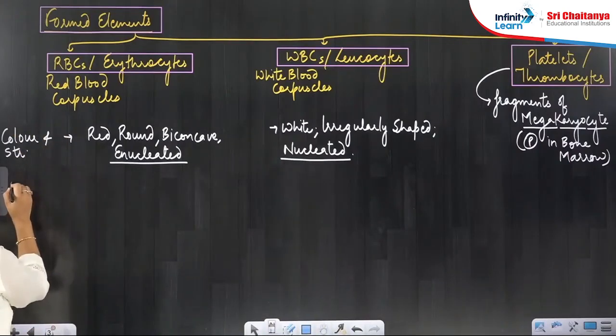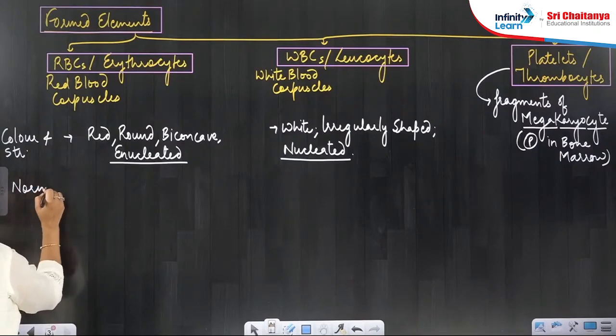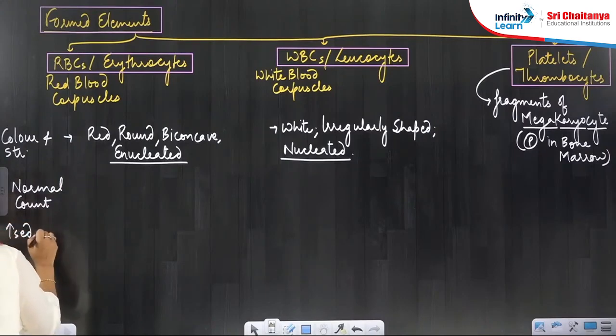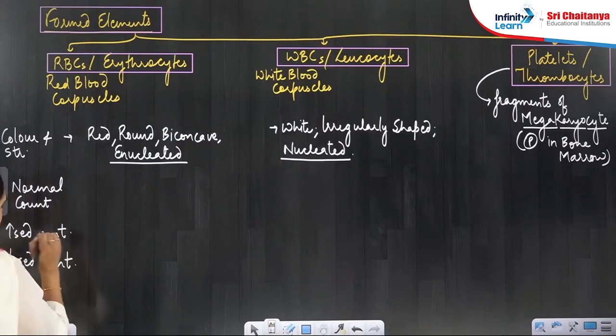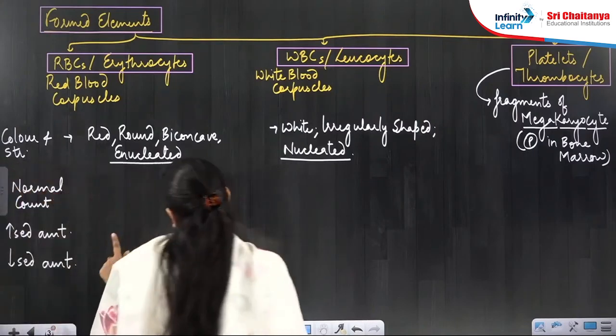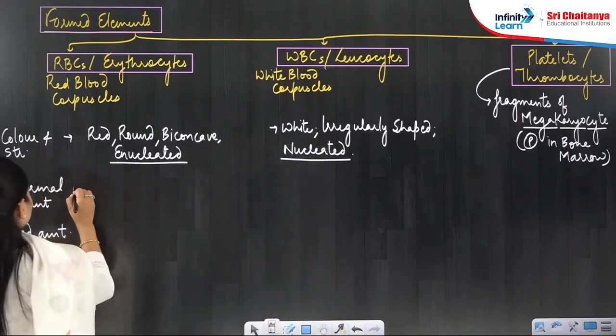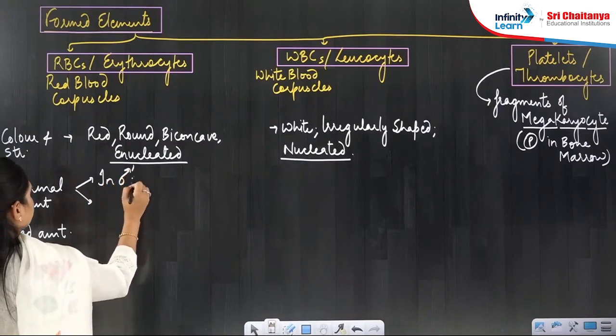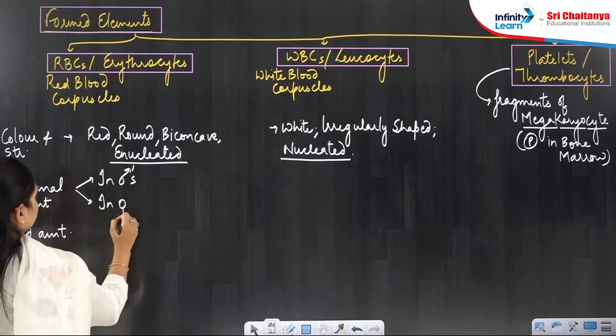Now let us discuss their normal count, and then I will tell you what we call the increased amount and decreased amount. First of all, the normal count of RBC in males will be different from females.